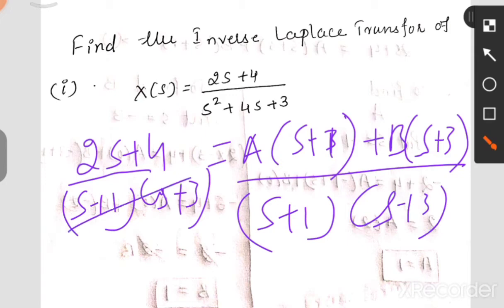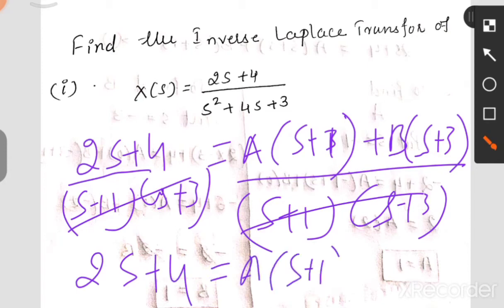So these two get cancelled. We will be having 2s plus 4 equal to A into s plus 1 plus B into s plus 3.